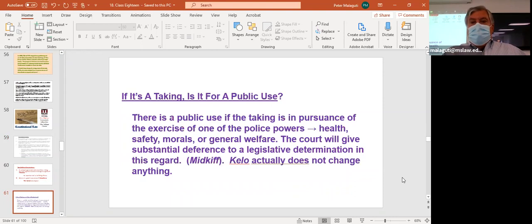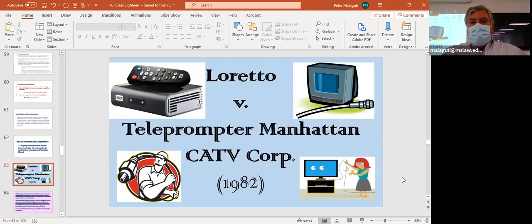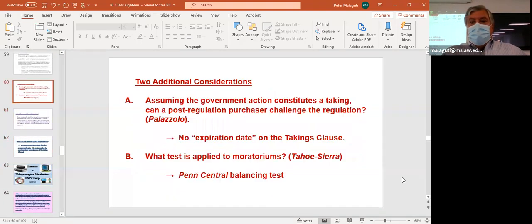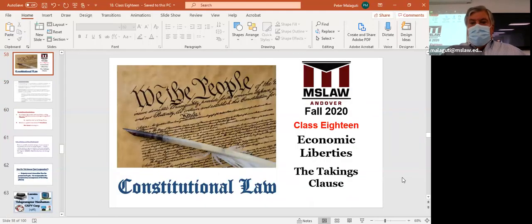I didn't actually put in here what the takings clause says. It's so short that even I can remember it. The takings clause is the last clause of the Fifth Amendment. The Fifth Amendment has a lot of stuff in it, okay?